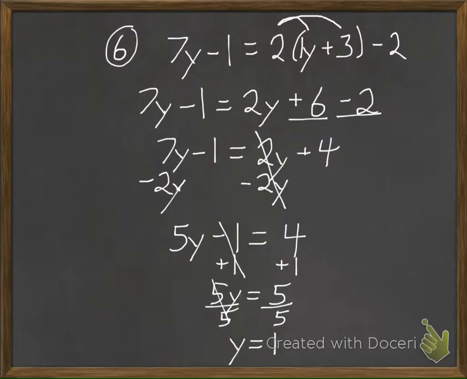Now, another thing that's really important as we are getting to these more complicated problems is to check your solution. We've talked about doing this with some of the simpler problems, but as they are getting more and more complex, it becomes more and more important. So my solution, I believe, is y equals 1. So what we're going to do is we're going to take the original problem.